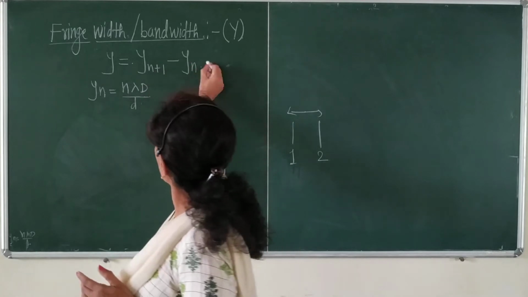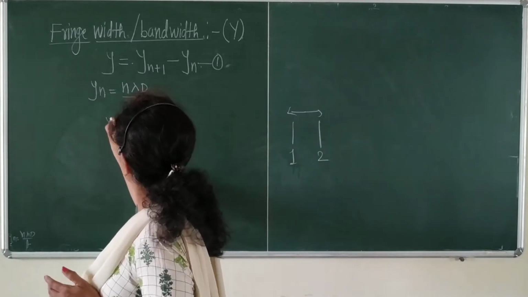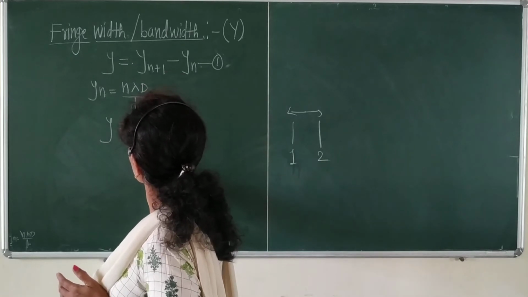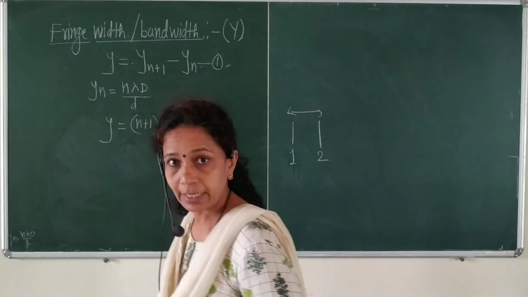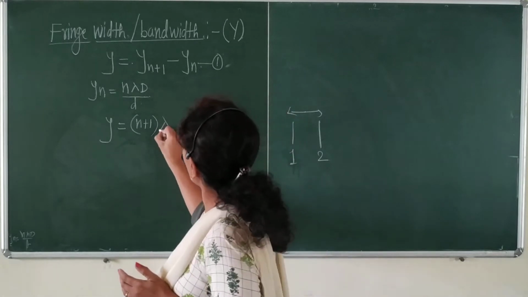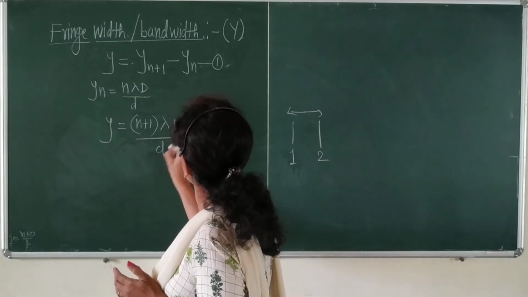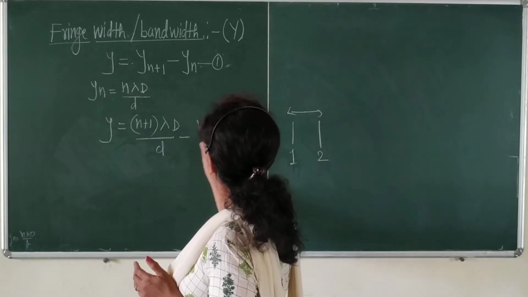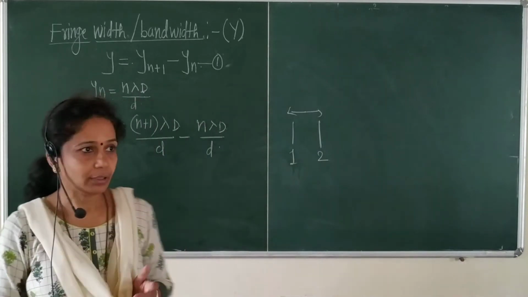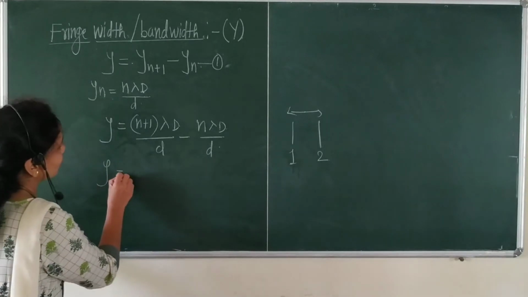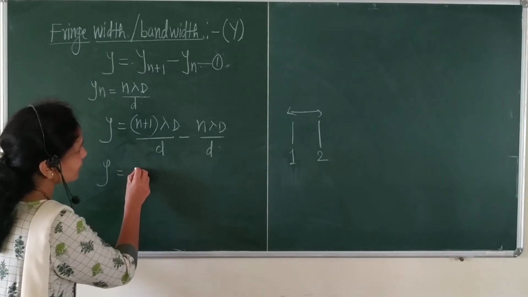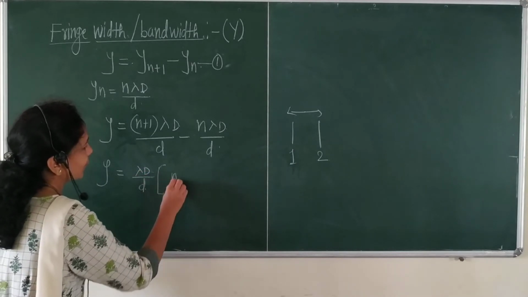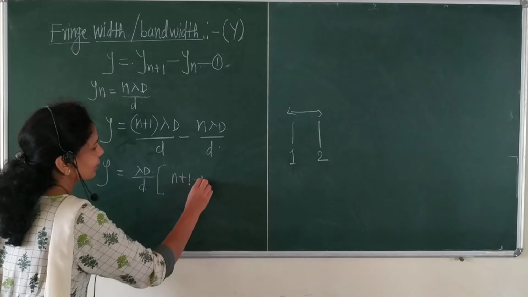Therefore equation 1 becomes y is equal to yn plus 1, where n is replaced by n plus 1, lambda D upon small d, minus yn, which is n lambda D upon small d. Therefore y is equal to, taking lambda D upon small d common, in the first bracket it is n plus 1 minus n.